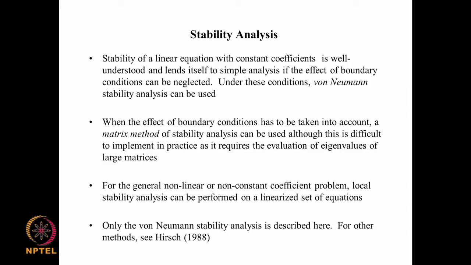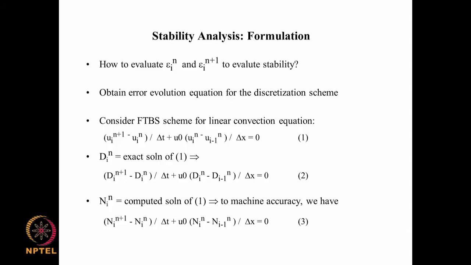So, this is known as the von Neumann stability analysis, and this analysis is strictly applicable for linear equations with uniform spacing and with periodic boundary conditions. So, under those conditions, it is possible for us to evaluate the amplification factor, although we do not individually evaluate error at n plus 1 and error at n.